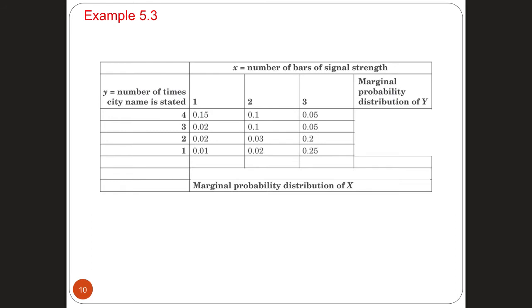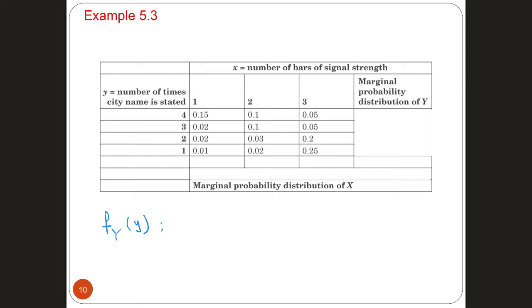Again, back to the example of x represents the number of bars and y represents the number of times you have to repeat the name of the city until you get the system recognizing it, right? Now assume, for example, that I want to get fy of y. So what does this mean?